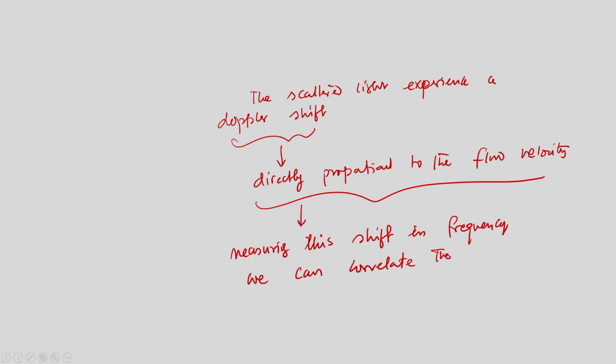So, the scattered light experiences a Doppler shift, which is directly proportional to the flow velocity.